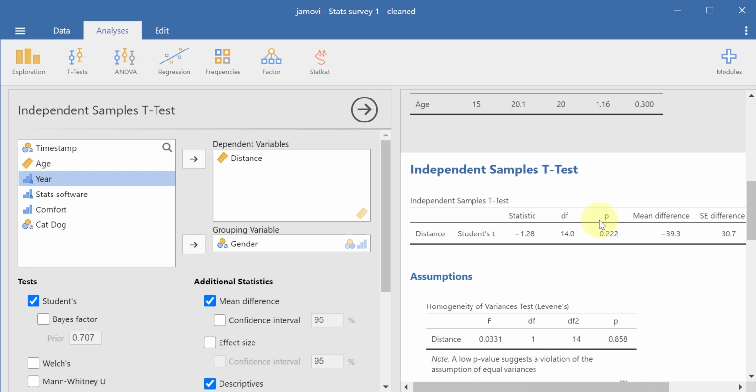And the thing that's important here is my p-value. So we want less than a 5% chance that we get this result just by chance. If our p-value is less than 0.05, we say it's significant, and in this case, this is not significant.